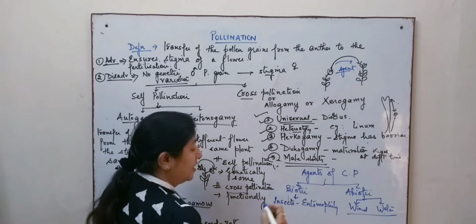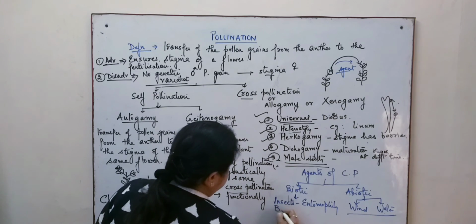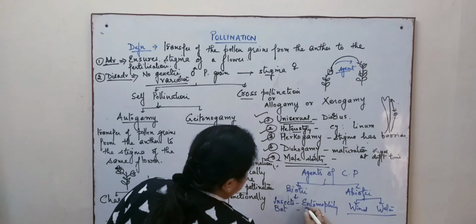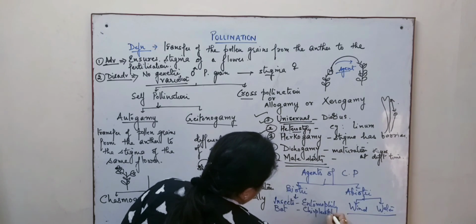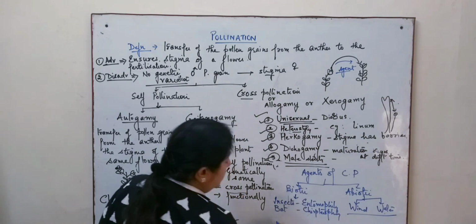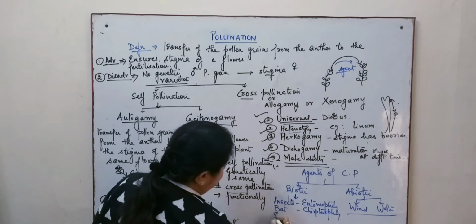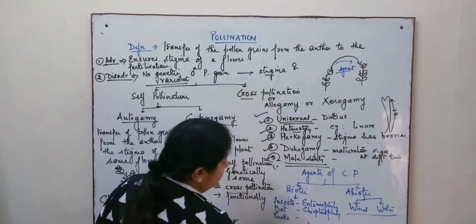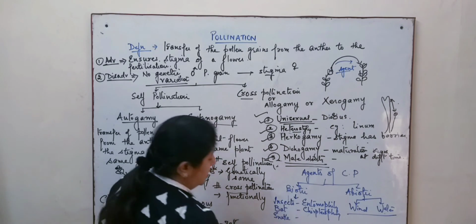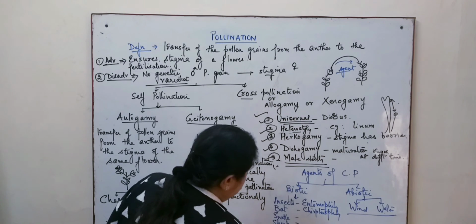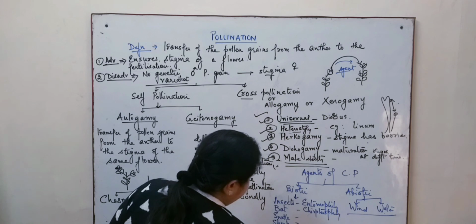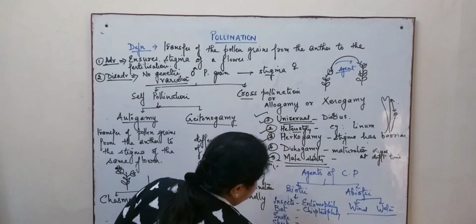Then we have others like bats, that is chiropterophily. Then we have snakes which act as agents. Sheep and other animals are there. The birds are there, that is known as ornithophily.